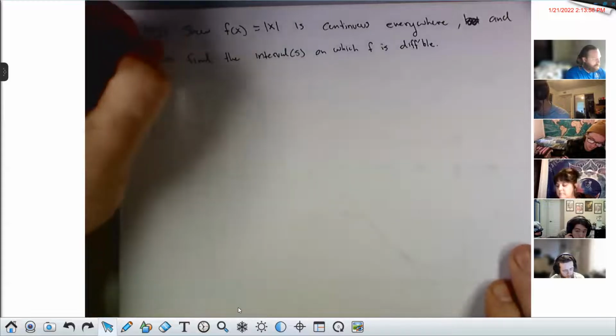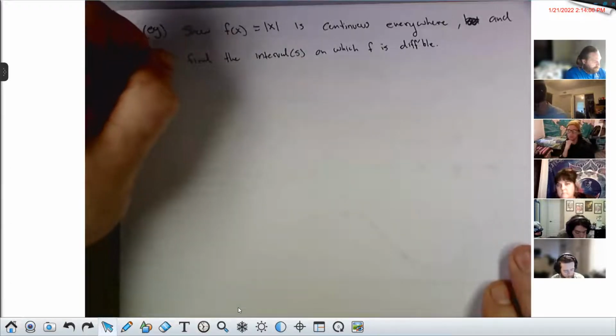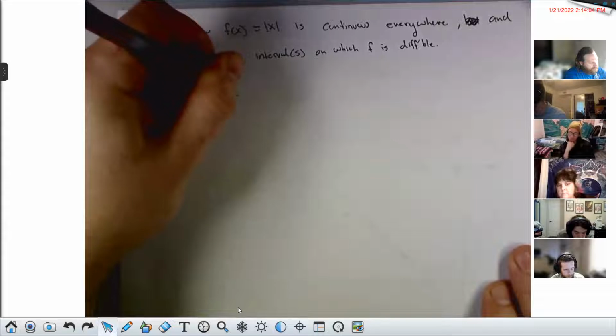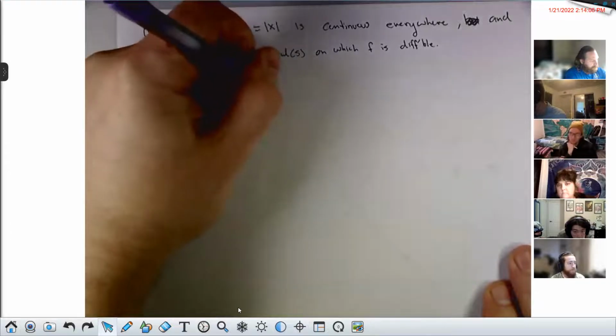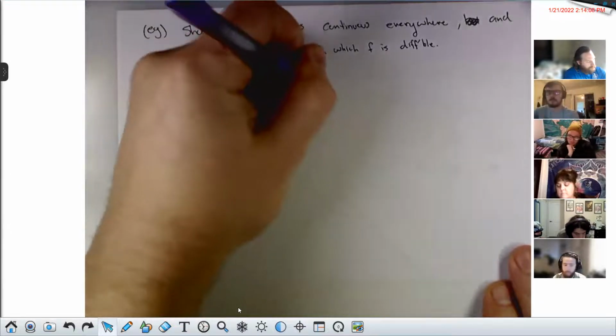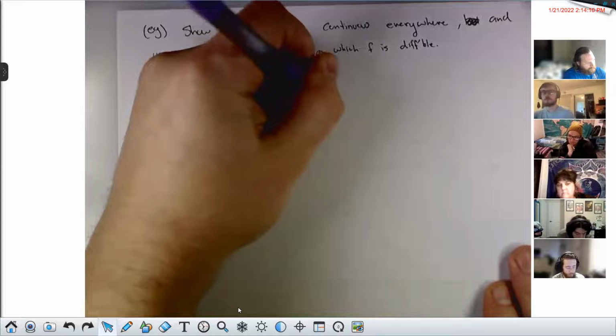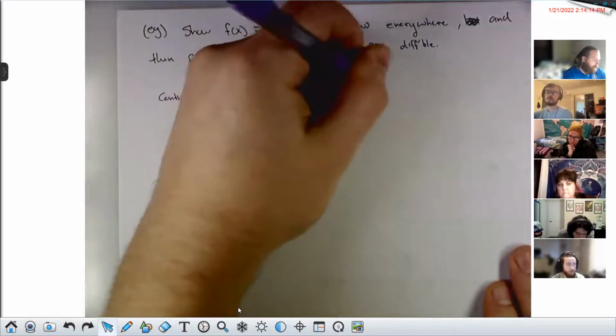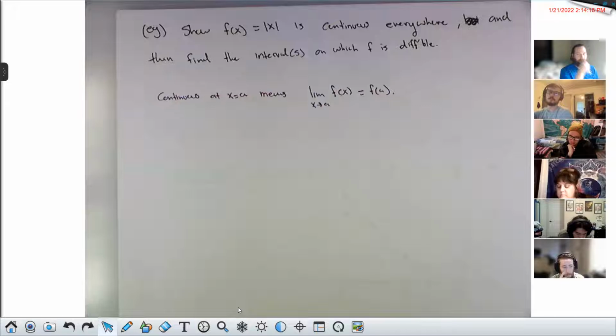Now recall that continuous at x equals a means the limit as x approaches a of f of x is equal to f of a. So if I want to show that this function is continuous everywhere, I need to show that this is true for that function at any real number a.